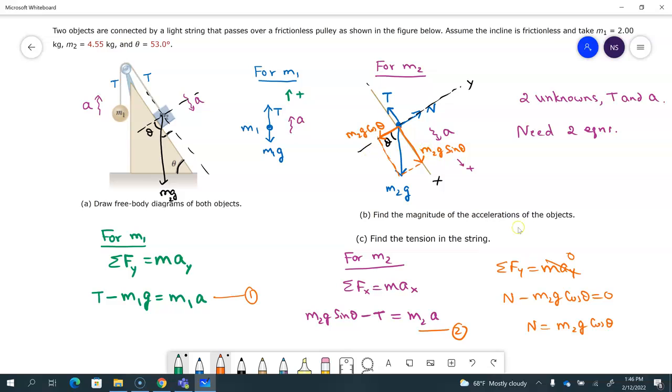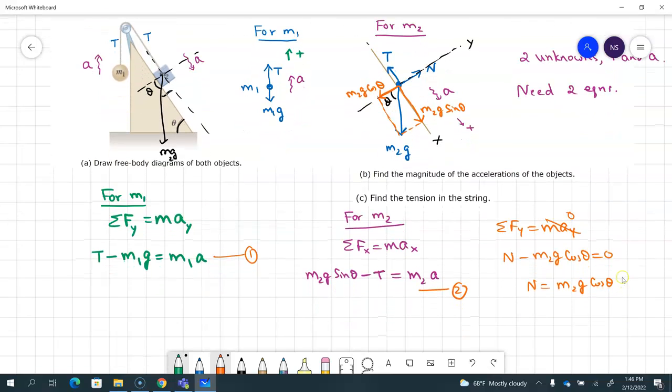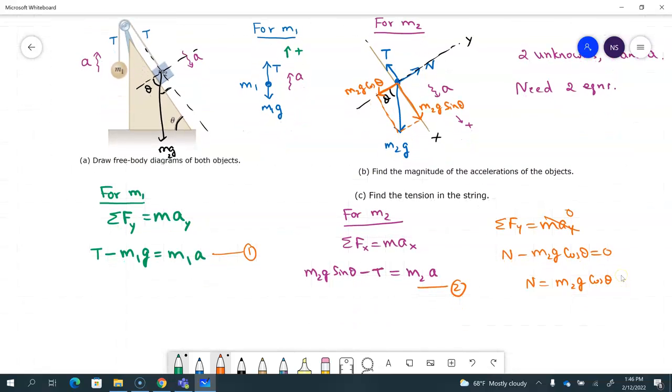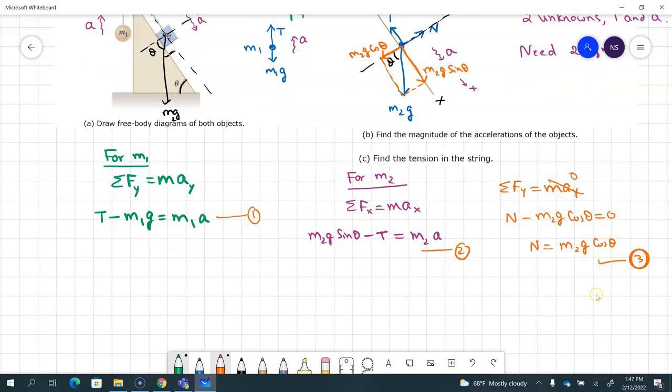I could call it a third equation. I don't need it here. It will become important when we introduce friction into the problem, right? But right now, we don't really need it. I'll leave it alone. We'll mainly look at equations 1 and 2 to solve for the two unknowns.